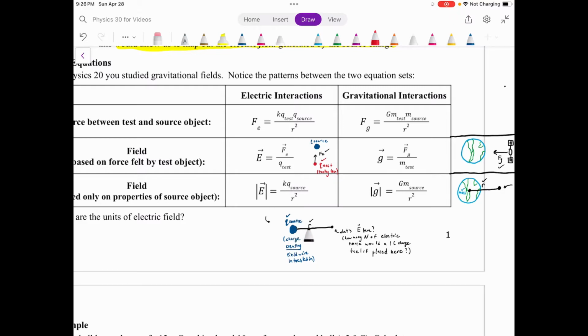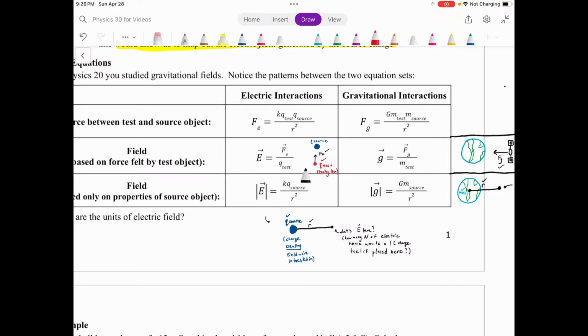We don't need another charge to be there if we know enough information for this equation to work. If I want to know what the electric field is here, I could just know how far it is from the source charge and the source charge's magnitude itself. If I know those two things, I can calculate what the electric field would be like there. So do you see the difference between the two equations?